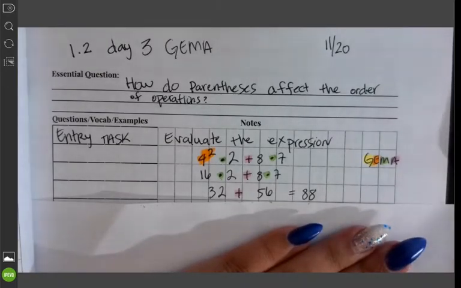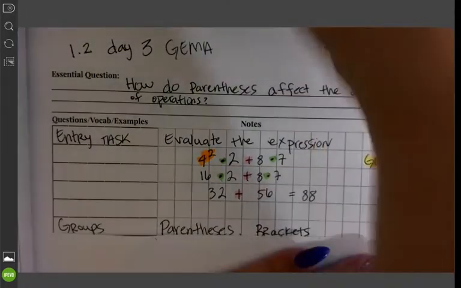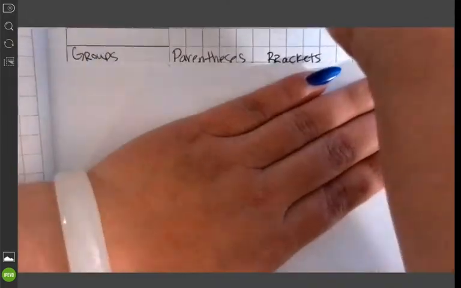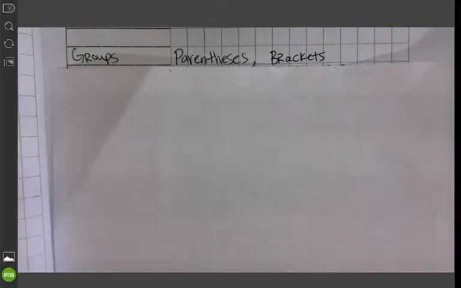Easy peasy lemon squeezy. All right, let's talk about groups real quick, because groups, the G in Gemma, is the reason why we use Gemma instead of PEMDAS, right? Because PEMDAS says P for parentheses.